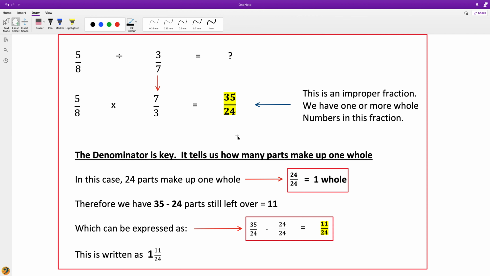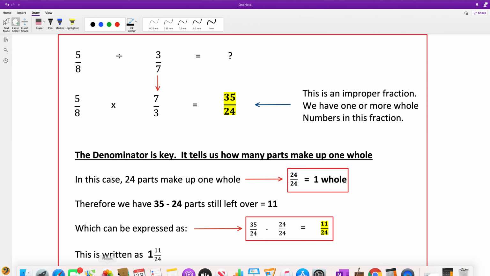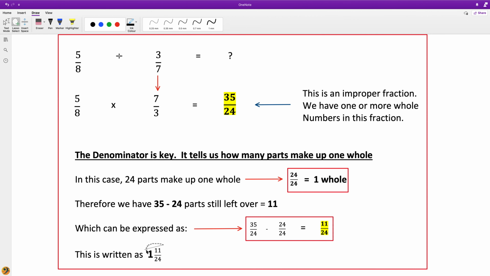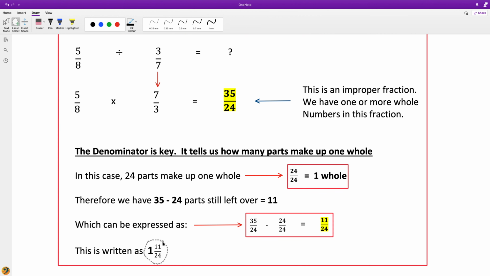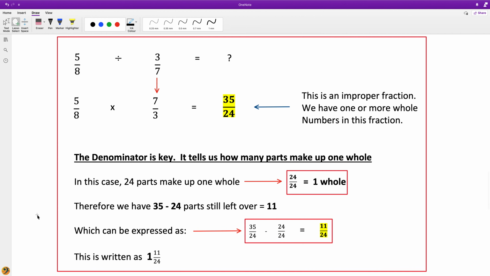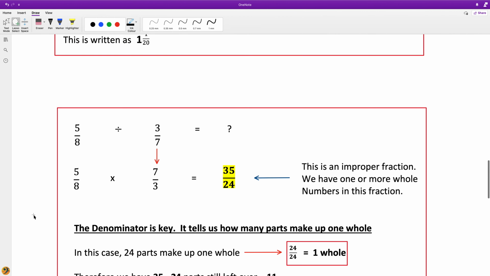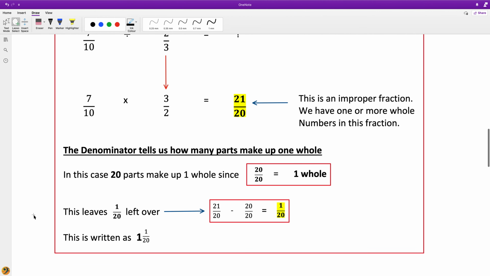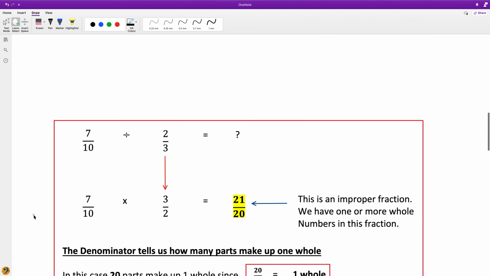Also hopefully that helps you to understand how to figure out how many whole numbers you have and convert an improper fraction to a mixed number, which we've circled down here. Excellent. Thanks very much for your time, guys. We might just leave the lesson there, on dividing fractions and coming up with mixed numbers and converting improper fractions and what all that's about.